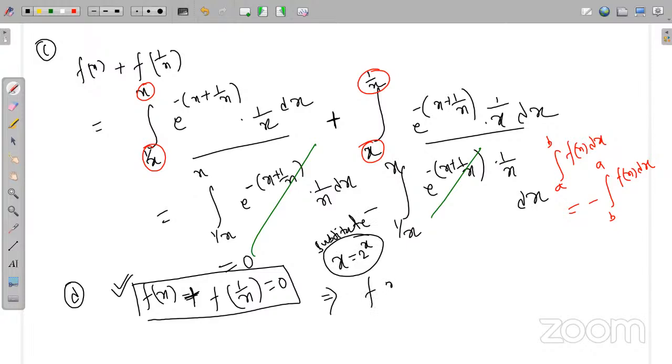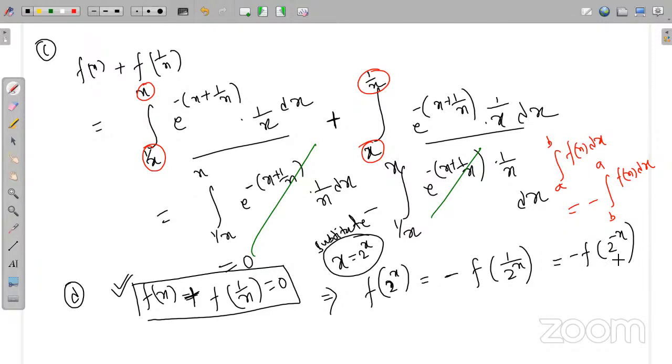It will be f of 2 to the power x is equal to, what will it become, minus of f of 1 by 2 to the power x. I just took this to the other side, and so I can write minus of f of 2 to the power minus x.